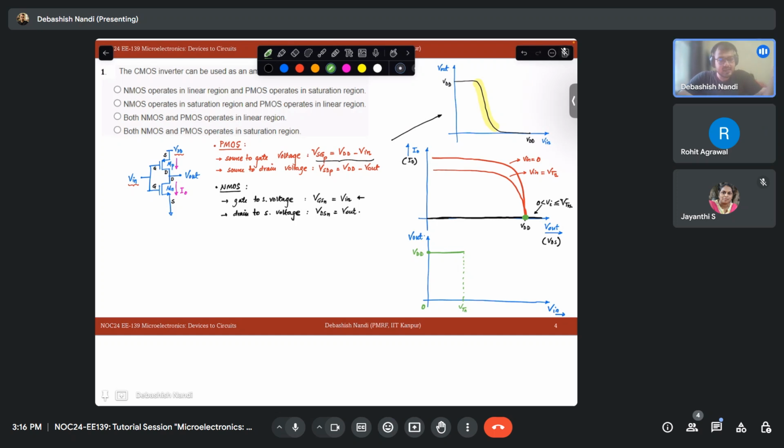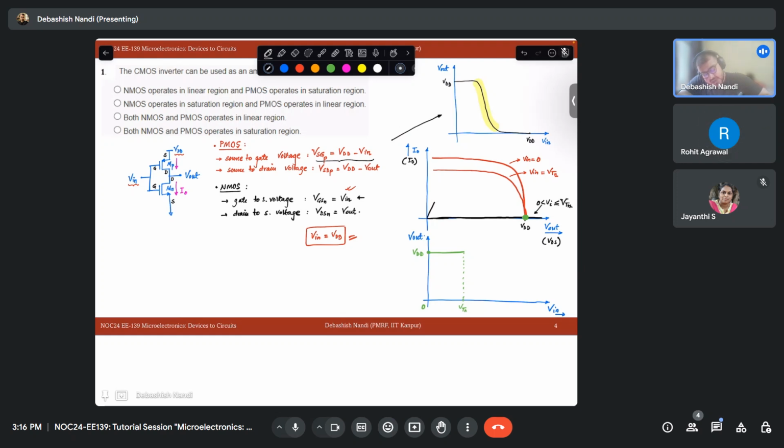Now let's see the other extreme. That means I am now tuning down my Vin from VDD to some lower value. So when my Vin is equal to VDD, let's concentrate on this case. What will happen? This PMOS will be off, and this NMOS will be on, right?